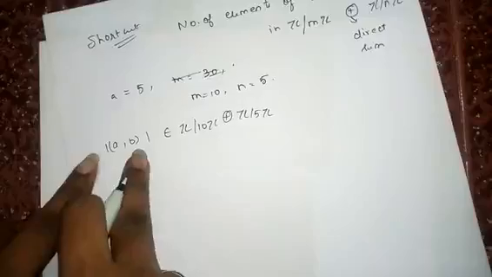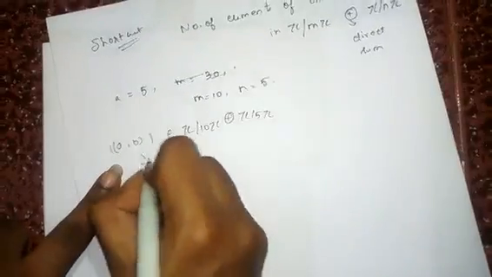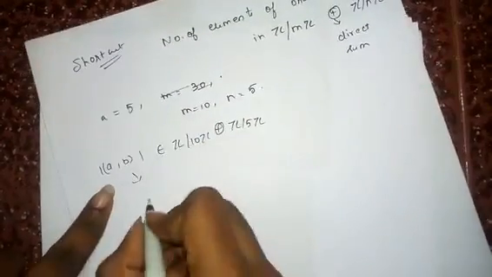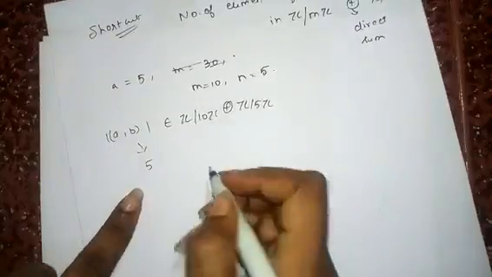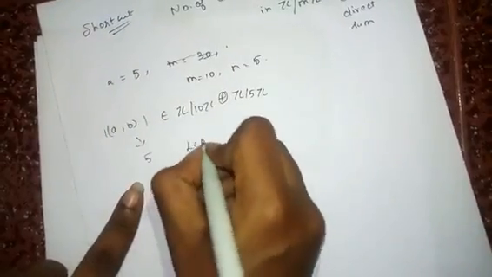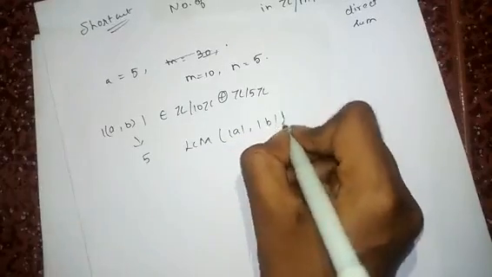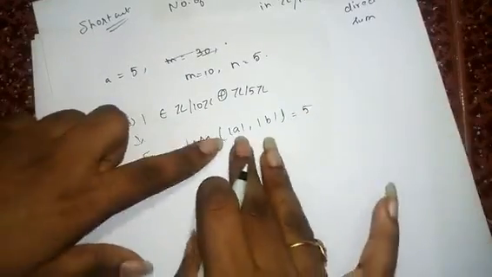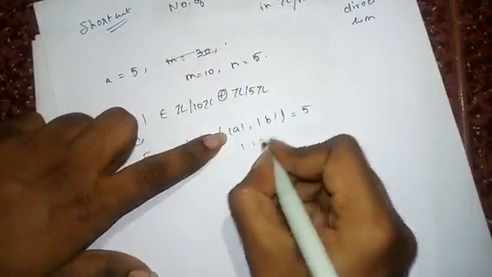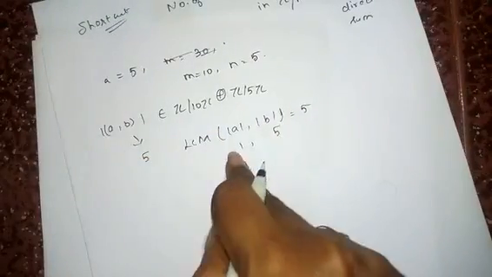Let me take the order of A and B to be 5. So it can have possible values where the LCM of the order of A and the order of B is 5. I can put the order of A to be 1 and B to be 5, because if I take the LCM of these two, I'll get 5.